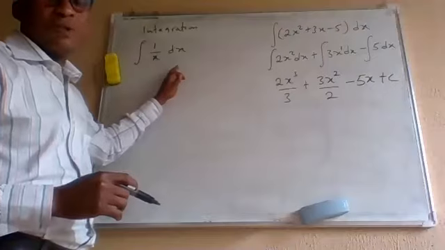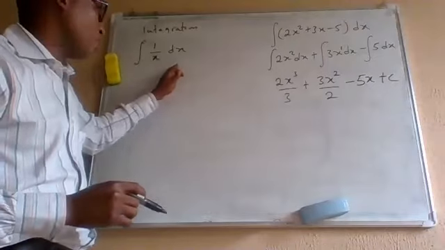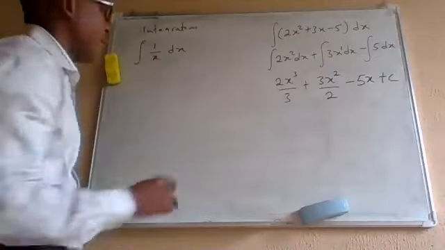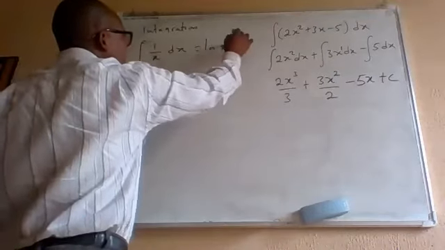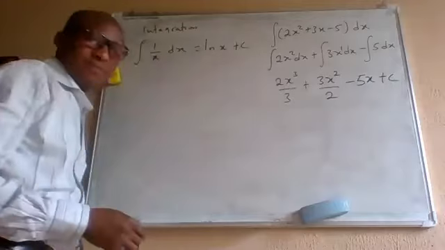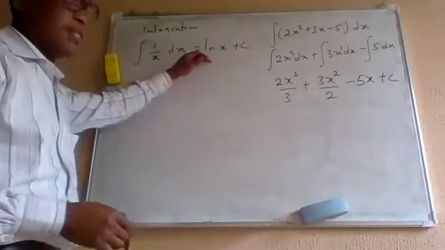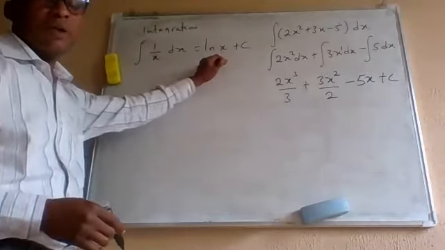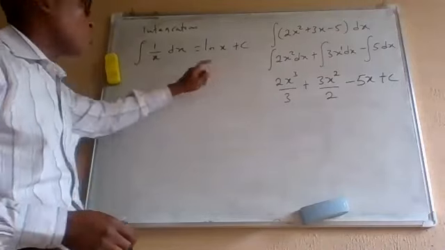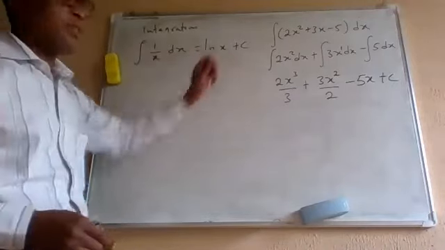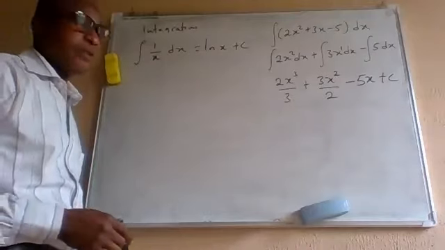But I don't want to bother you on the proof aspect of it. So integration of 1/s will give you ln s plus c. Please take note of this. This is a rule or an identity of integration. So when you have 1/s, the integral will be ln s plus c.